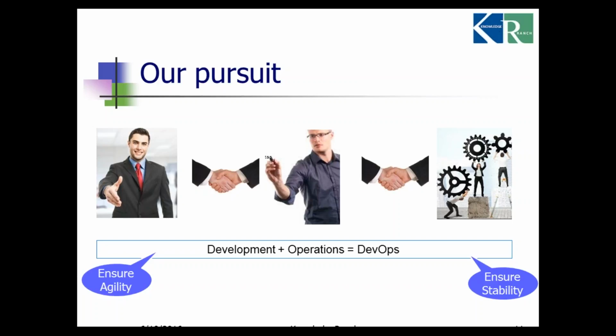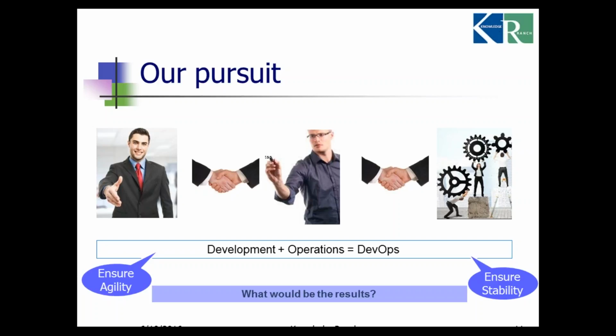Now we want to be very sure that in the pursuit of doing this, we do not sacrifice stability as well as agility. We want to be agile. At the same time, operations always needs us to deploy services which are top quality and at the right rate.